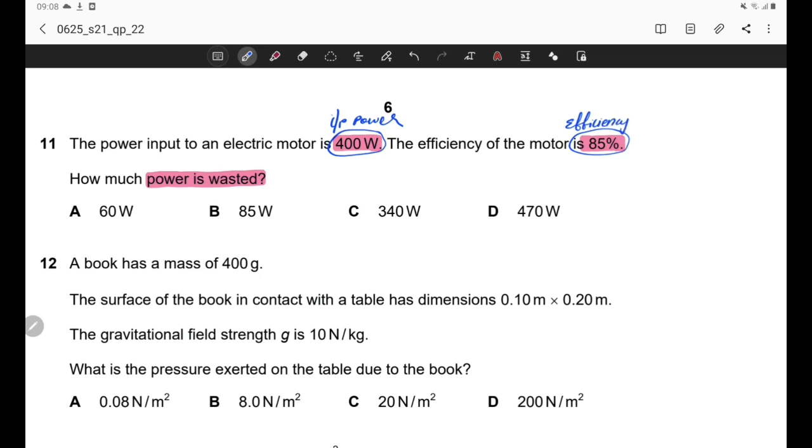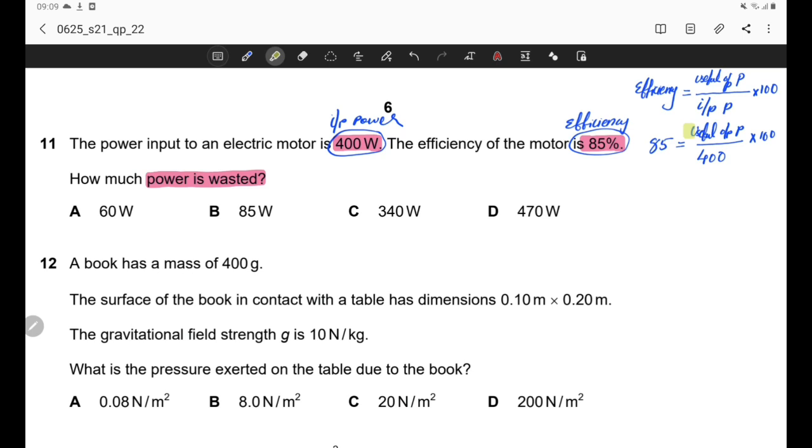So in order to calculate wasted power, we can use the equation of efficiency. The equation of efficiency is equal to useful output power over total input power times 100. Now we can substitute the values given. Efficiency is given, that is 85, is equal to useful output power, which we don't know, over input power, which is 400 watt, times 100.